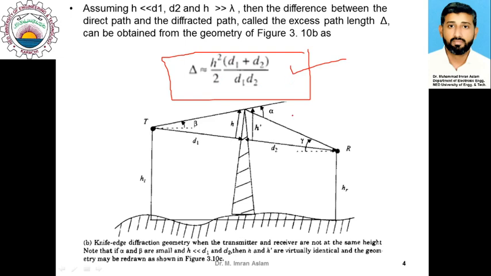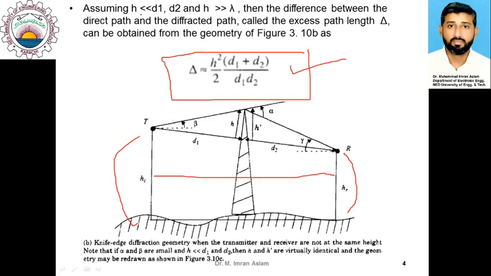One thing is that we are taking some assumptions here, although these are very practical assumptions, because generally the distance between transmitter and receiver is much larger as compared to the height of the transmitter and the height of the receiver.